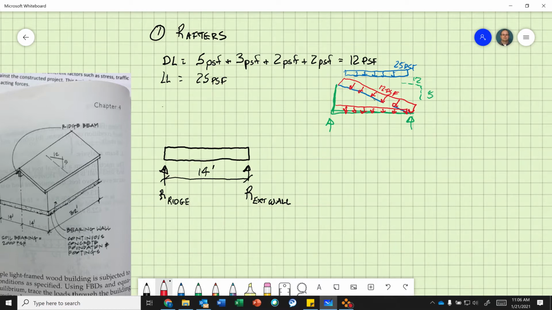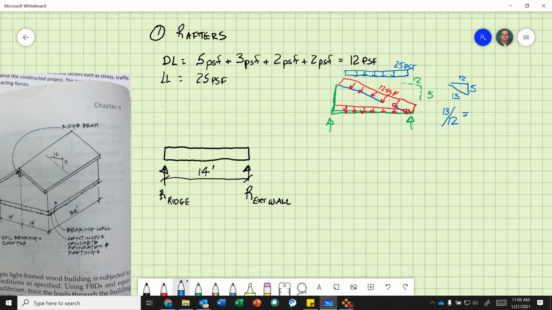That is only with the dead load. We leave the snow load alone. Basically, we have a slope triangle here. We use the Pythagorean theorem and solve for the hypotenuse, which is 13. Then you're going to take 13 divided by 12.